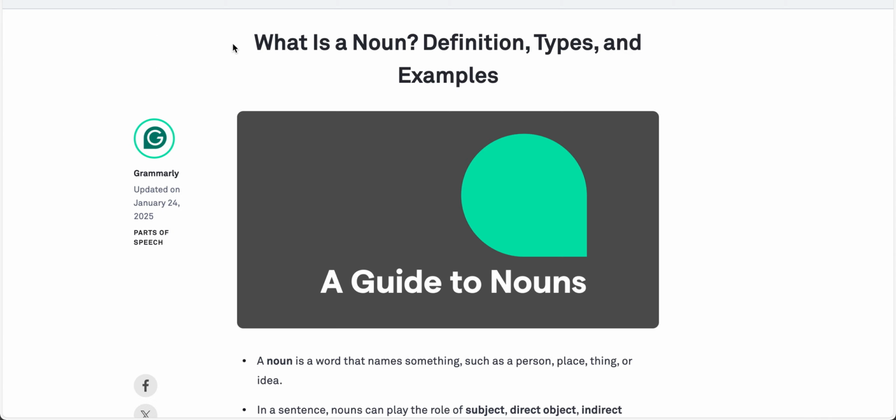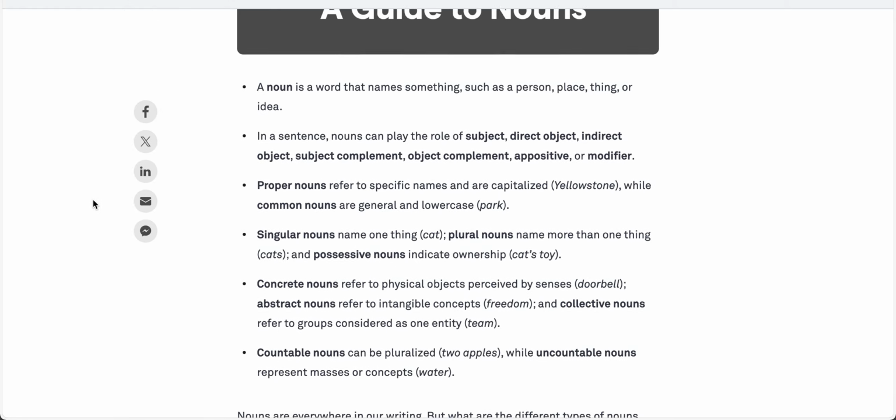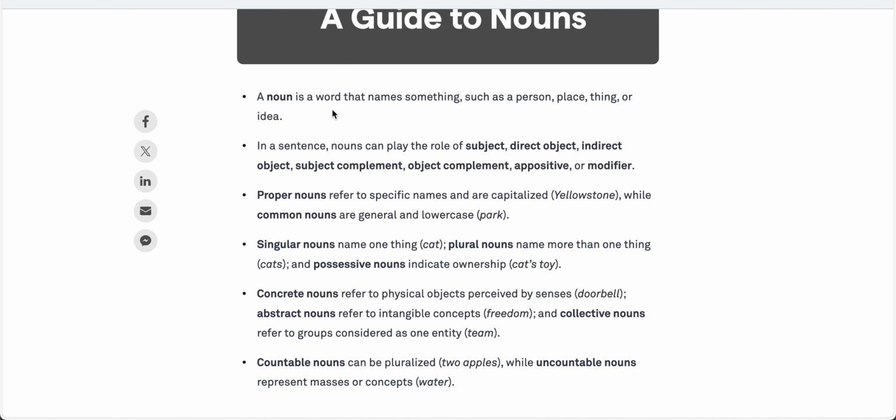This is the one that I wanted to show you for this lesson, lesson 4, because this one's about nouns. It's a guide to everything that's a noun. A noun is a word that names something, such as a person, a place, a thing, or an idea.